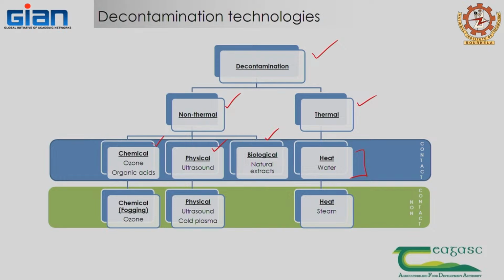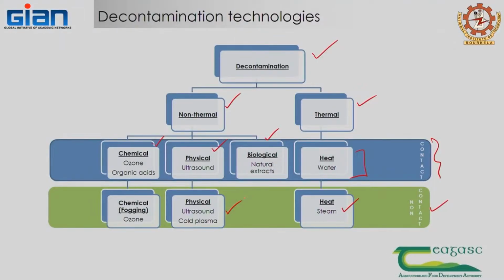Yeah, that is contact type. Yeah, that means product comes in contact with those chemicals. Other one is non-contact, preferred will be non-contact. That means the product is not coming in contact with the chemicals or with the agent. Here is steam. Yeah, steam bath or steaming the product.